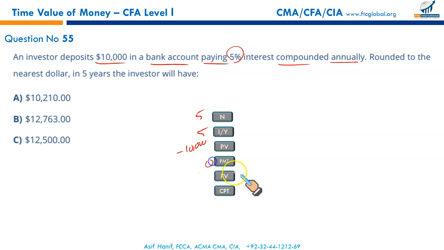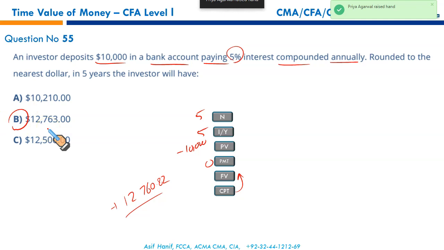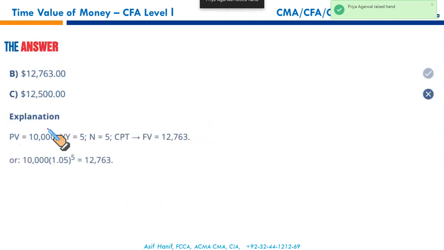There are no periodic payments. You just have to calculate the future value, how much you will receive. Enter all these, press CPT FV, and you will calculate this amount to be a positive 12,760.82, which is approximately B. Straightforward question, no twist in it whatsoever.